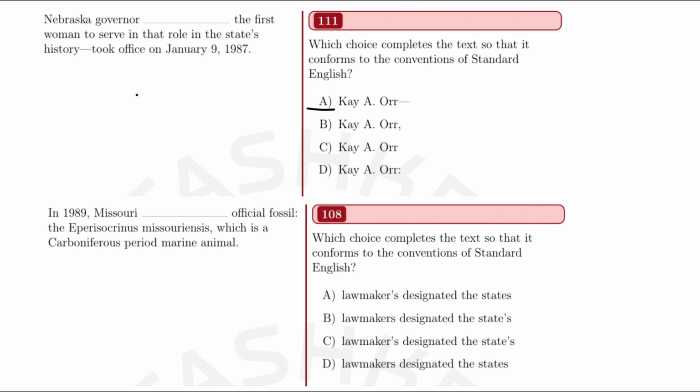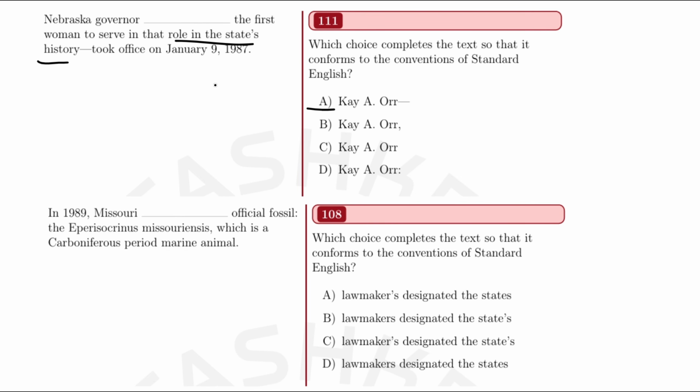The first woman to serve in that role in the state's history is extra information about Kay A. Orr. This is called a non-essential phrase. Non-essential information can be separated with em dashes.